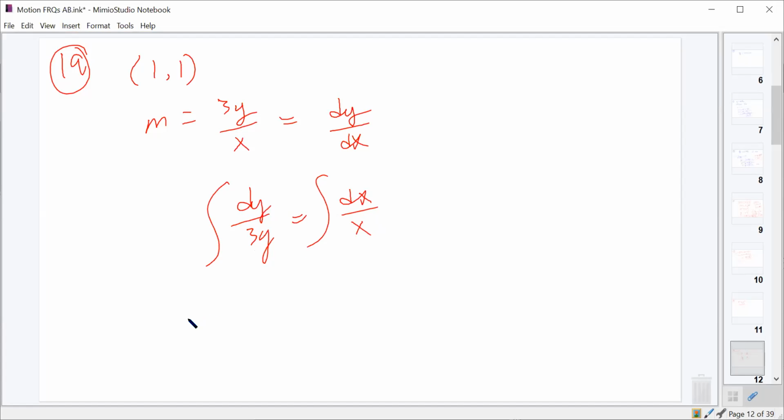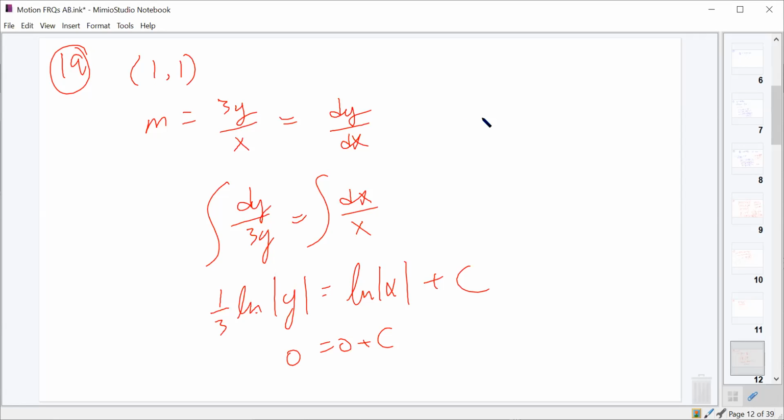So that'll give us 1/3 natural log absolute value y equals natural log absolute value of x plus a constant. If you plug in 1 and 1 here, you get 0 equals 0 plus c, so your constant is 0. And what do they want us to solve this for? They just have it left like that.